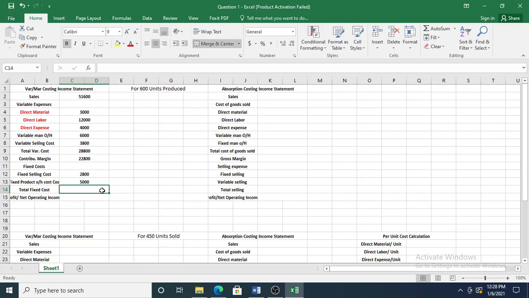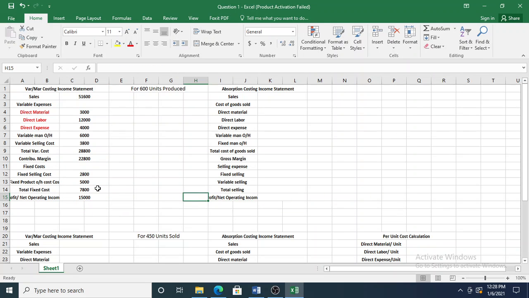So the total fixed cost will be 7,800. So to get the profit, all we have to do is deduct 7,800 from the contribution margin, and we will get 15,000.